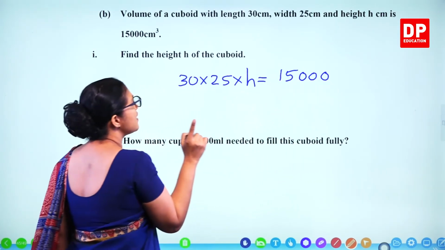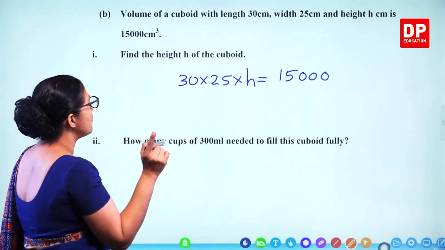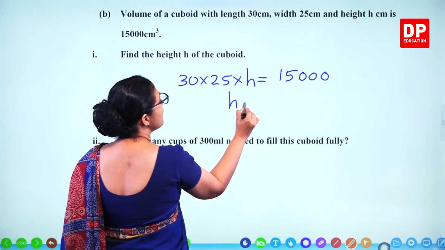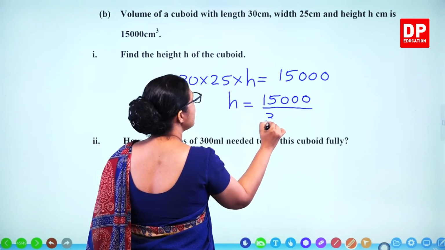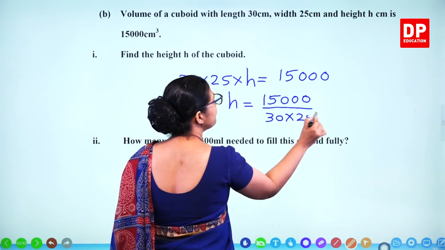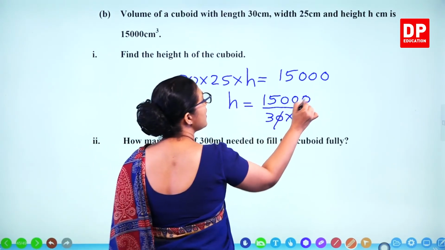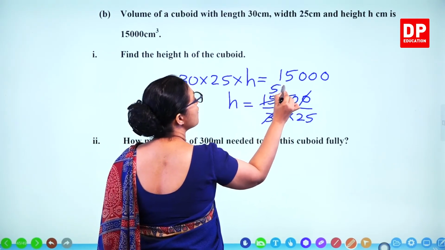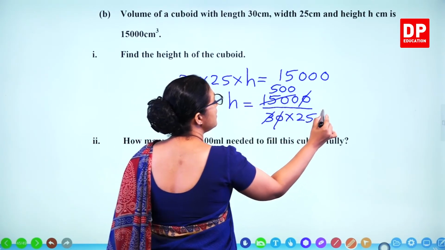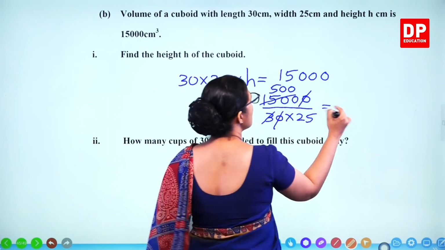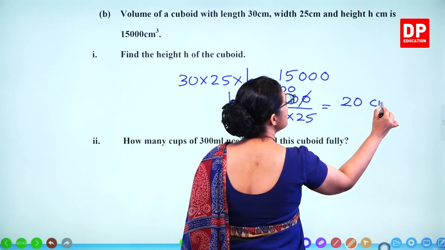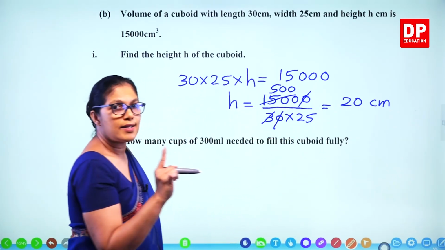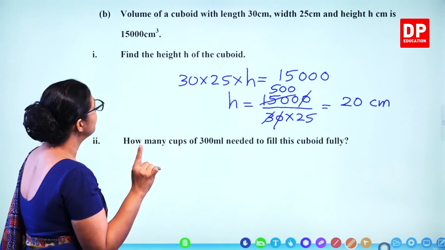All are in centimeters, cubic centimeters, so you don't need to convert. 15,000 divide by 30 and 25. The zeros get cancelled out. So 20 centimeters is the height of the cuboid.